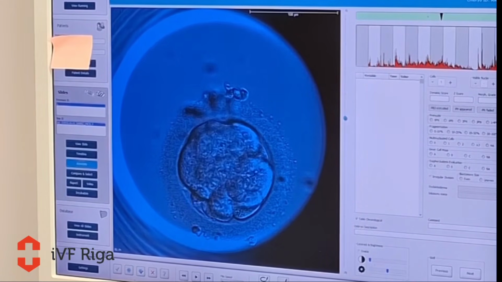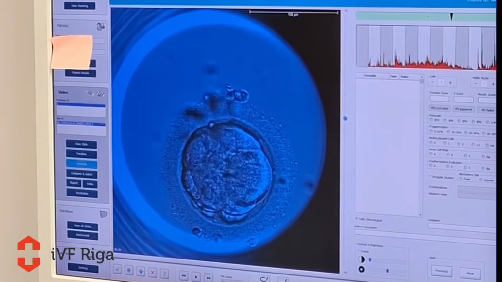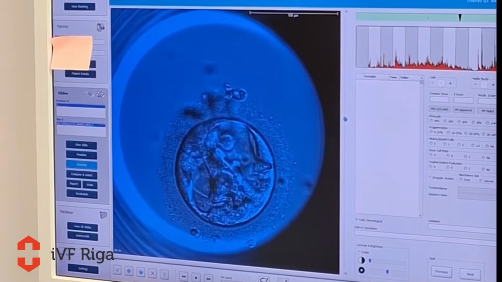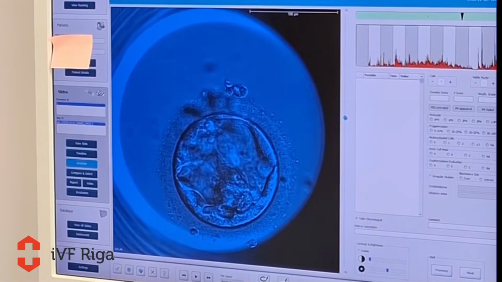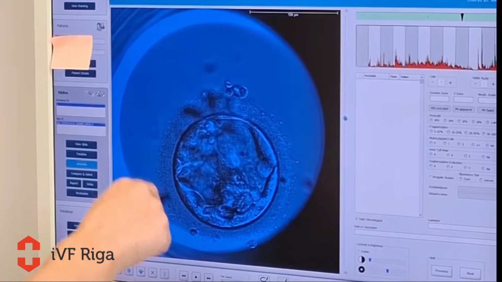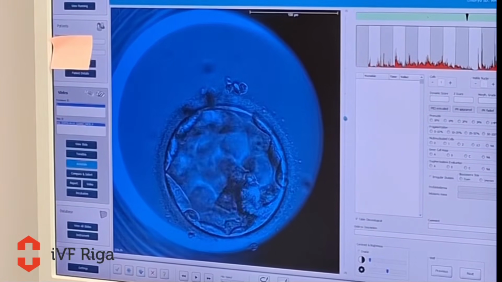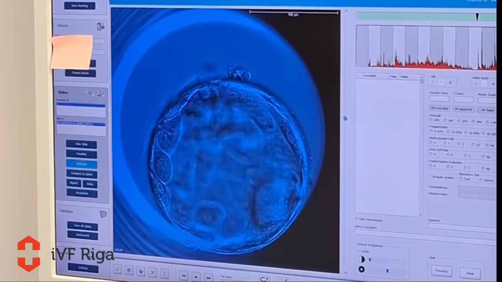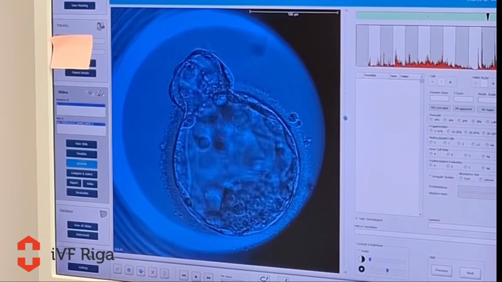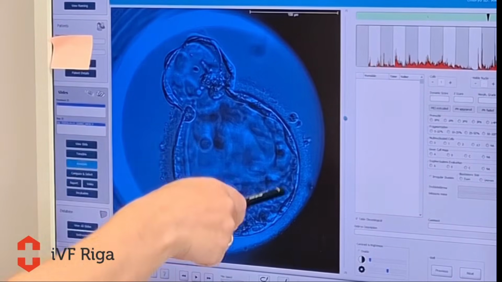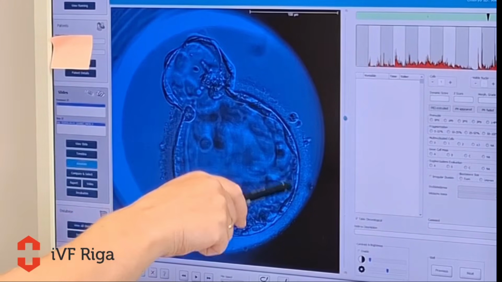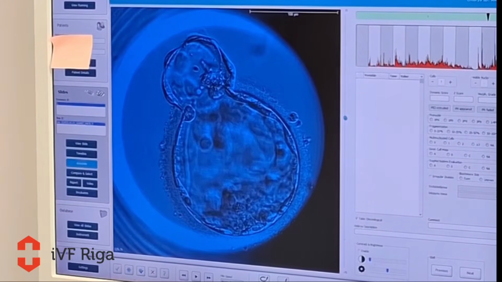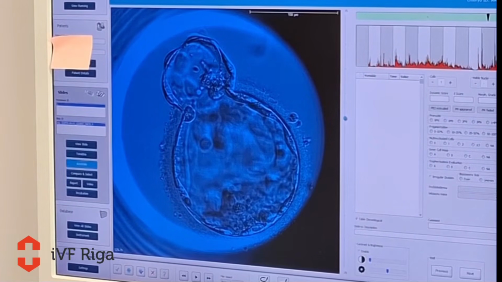After that, they start the first differentiation. The cells start to differentiate into 2 kinds of cells. The first are stem cells, from which the baby will develop, and the second are trophectodermal cells, with which the embryo will be implanted, or connected, with the endometrium. One of the processes that might happen with the embryo is natural hatching, when the embryo breaks the membrane and goes through this entrance into the medium, and after that connects to the endometrium.